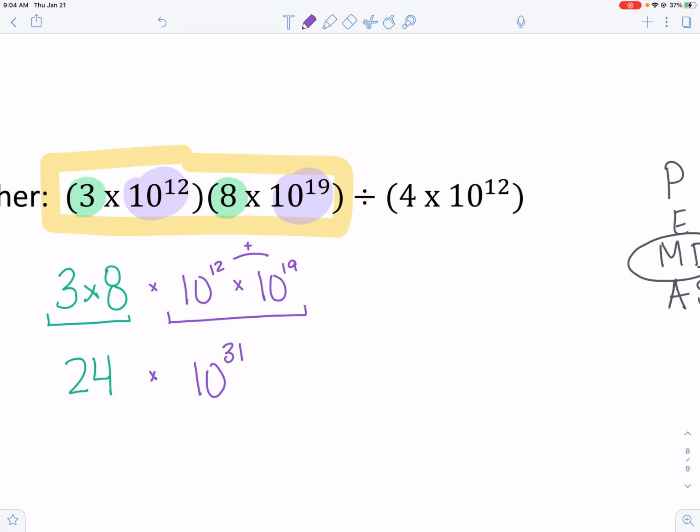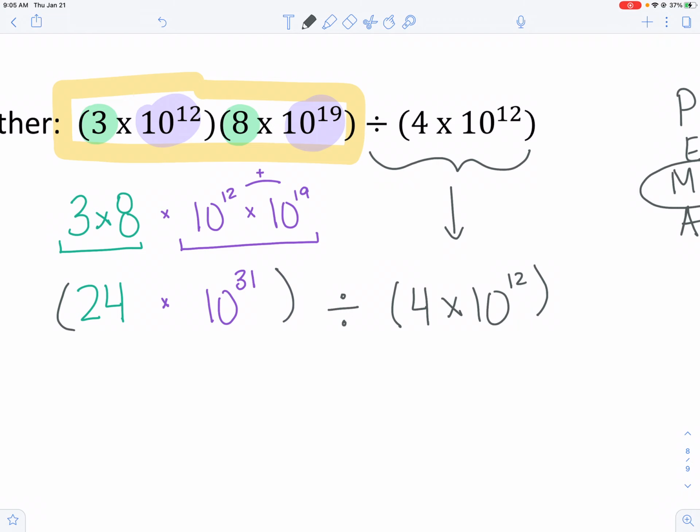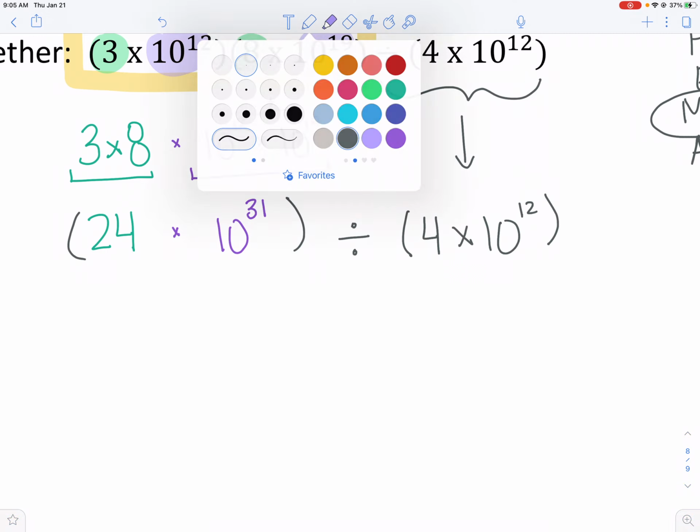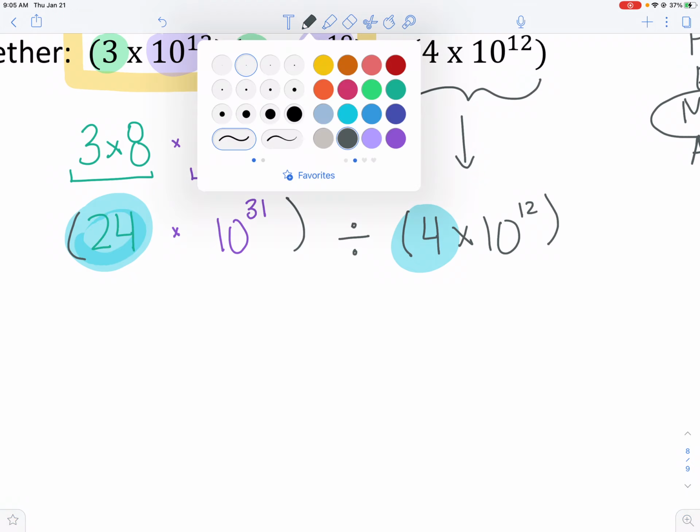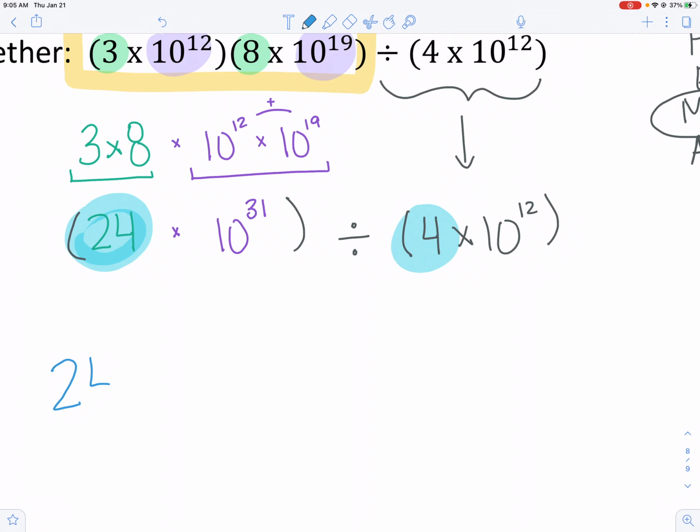Now that I've done that first part that I highlighted in a box, I'm going to bring down that whole thing. And now I'm going to do another problem. So now I've got divide by 4 times 10 to the 12th. I'm going to rearrange just like before, bringing the numbers up front. So I've got 24 divided by 4.